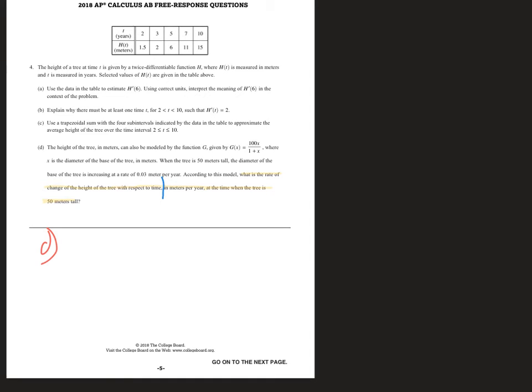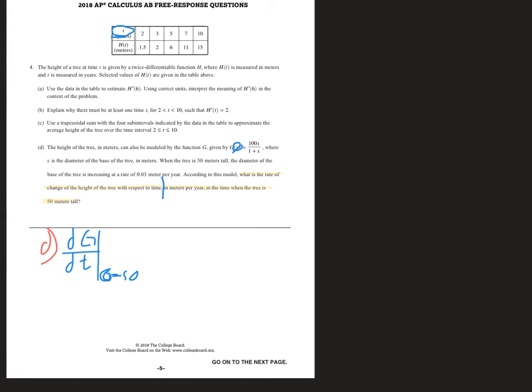Since g gives the height of the tree, they're looking for dg dt, but not dx dt, because x here is the diameter of the base, whereas t is time. So we're looking for dg dt when g equals 50.